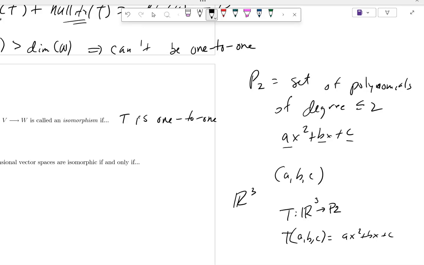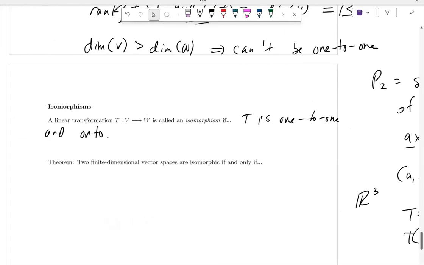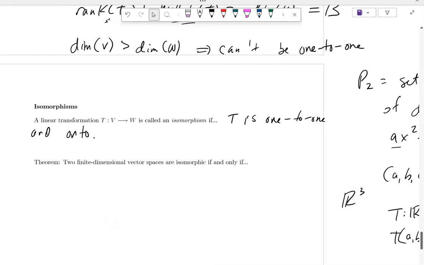Okay. All right. We can tell easily if two finite dimensional vector spaces are isomorphic. All finite dimensional means is that the space has a finite basis. Remember, dimension is just the number of elements in a basis. So finite dimensional just means there's a finite basis. We can tell easily if two spaces are isomorphic.